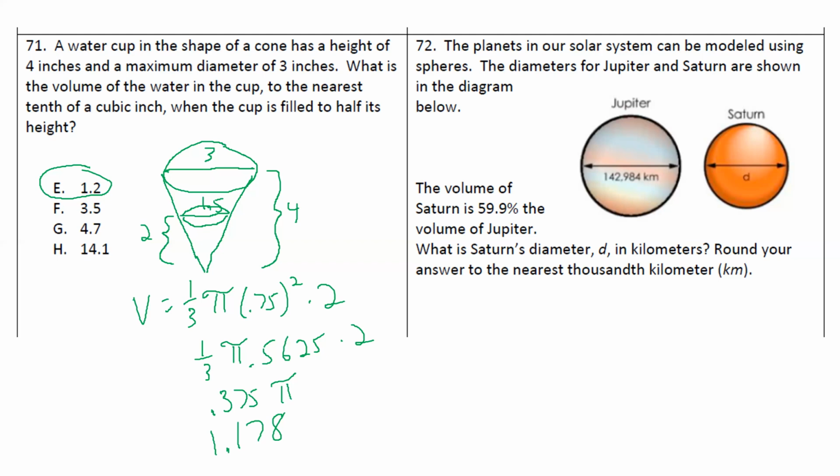So we have basically, we could call that a volume ratio of 0.599. We want to go backwards to scale factor. We have to uncube it. So take the cube root of 0.599.